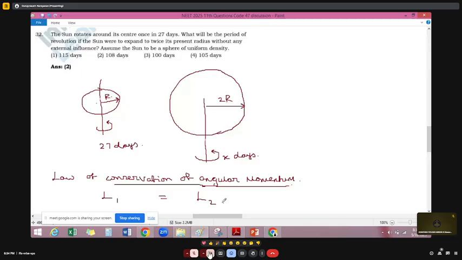So in angular motion, it will be moment of inertia into angular velocity. So I1 omega 1 equals I2 omega 2. What is I1? Moment of inertia for this one, which will be, I think, 2 by 3 or 2 by 5. I don't remember. Anybody remember the moment of inertia of a sphere?